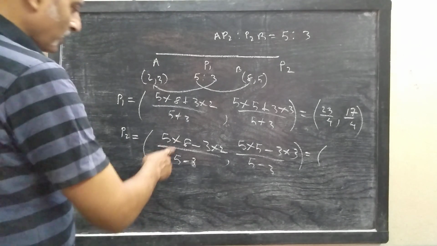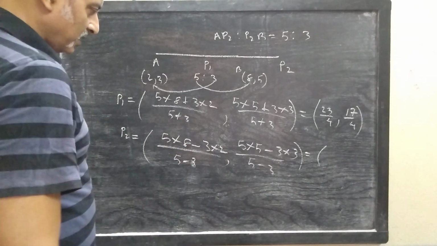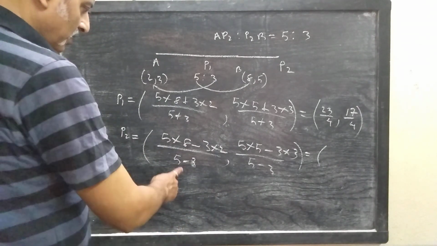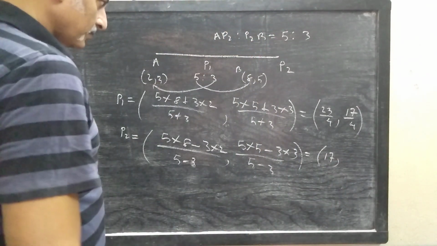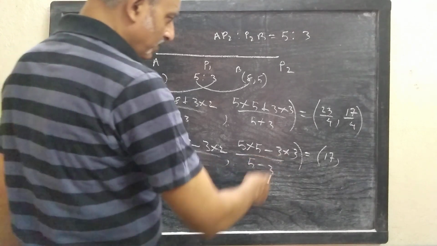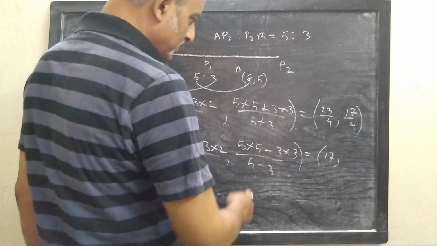This will be equal to 5 8s are 40 minus 6, 34, 34 by 2, that is 17. And 5 5s are 25 minus 9, 16 by 2, 8.